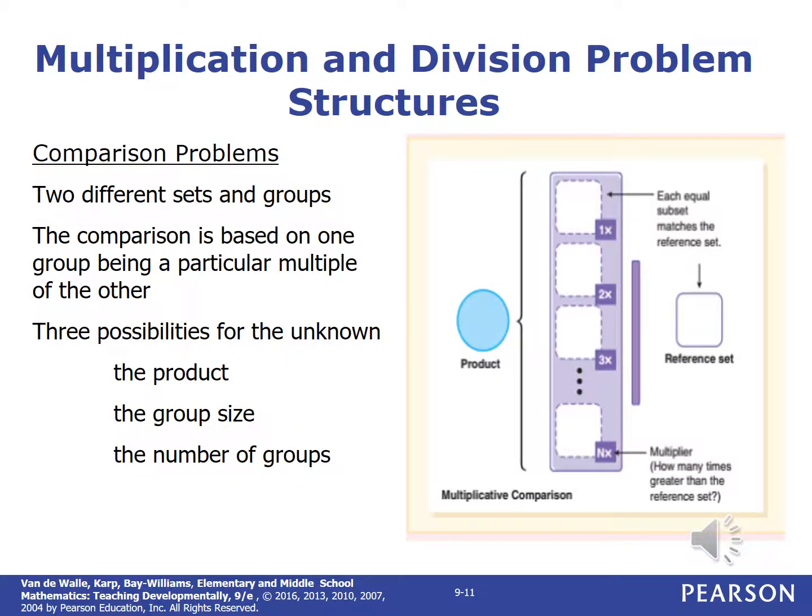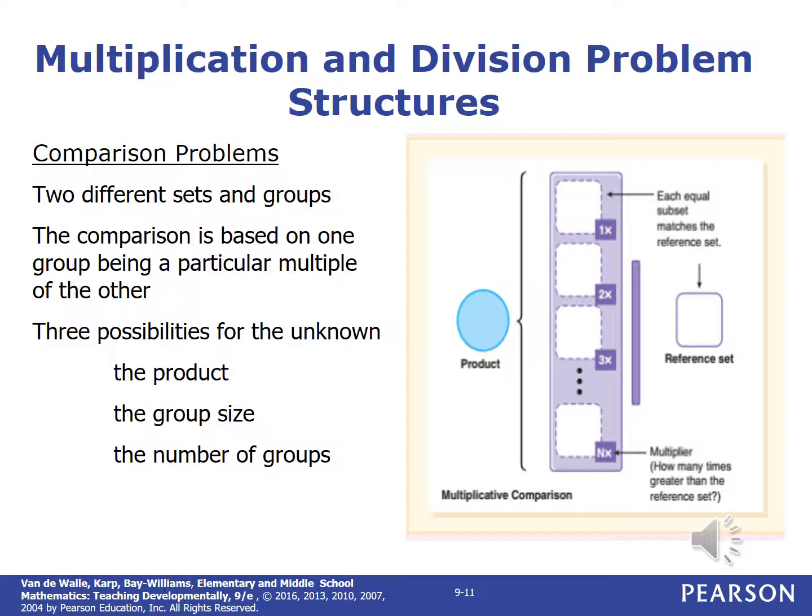Another type of common multiplicative structure is the comparison problem. And it's not so much important that students are able to name what type of multiplication structure a problem represents, but rather they realize that it's a multiplication problem, period. And so the more examples that you can provide your students, the more they're going to be able to hone in on, okay, I'm going to use multiplication or division to solve this problem.